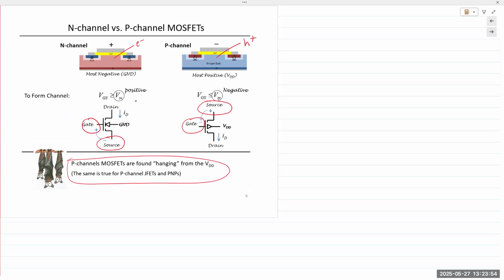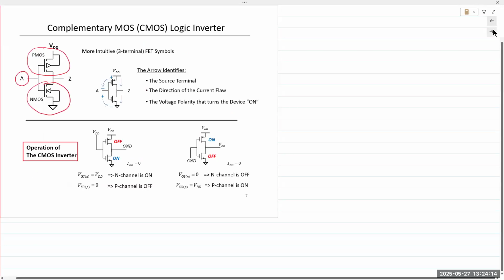And for a PMOS transistor, the gate must be negative to turn it on. Does that answer your question? Sort of. Where are we tripping up? Okay, I understand your question.